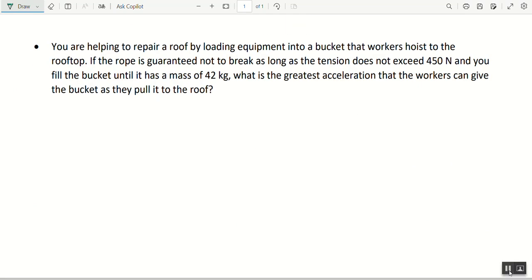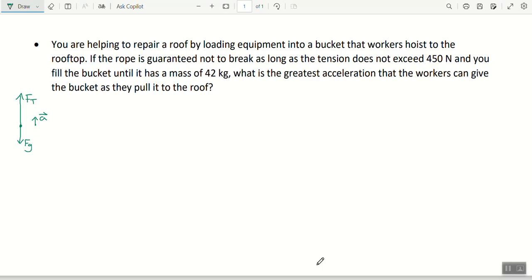Cool. Let me set it up so that when you leave, we're in a good position. What do we know? I saw like everybody had already written this. Mass is 42 kilograms. I agree with that. Anything else? Force. So we know the gravitational strength is negative 9.8 newtons per kilogram. Anything else?